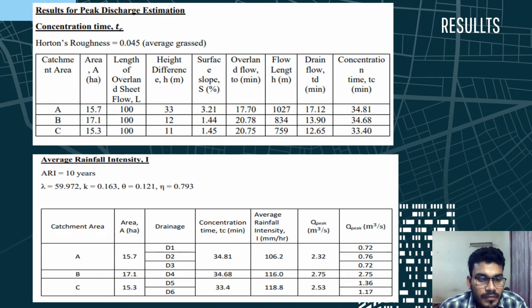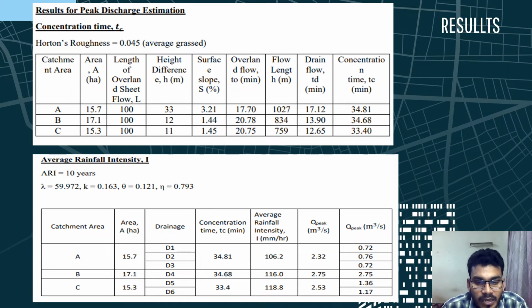For area A, the area is 15.7 hectares and the height difference is 13. The time of concentration TC minimum we get is 34.81, 34.68 and 33.40 respectively for the three areas, along with the average rainfall intensity I. For area 1, which is A, there are three drainages, and we get 0.72, 0.76 and 0.72.